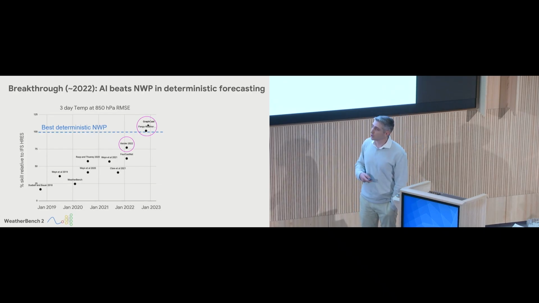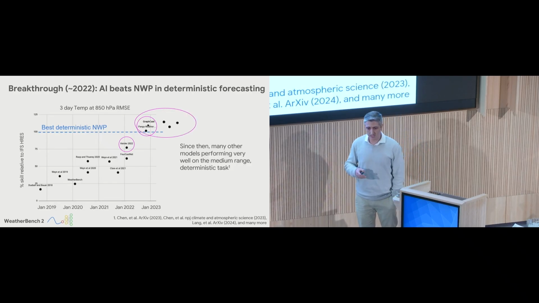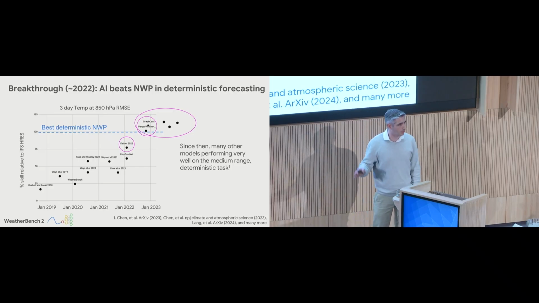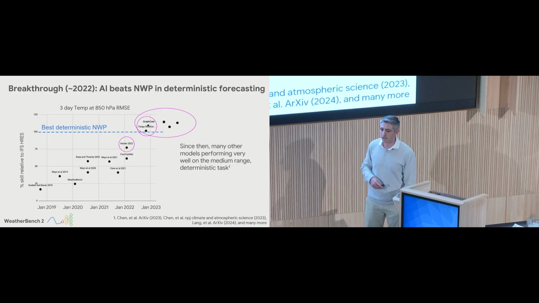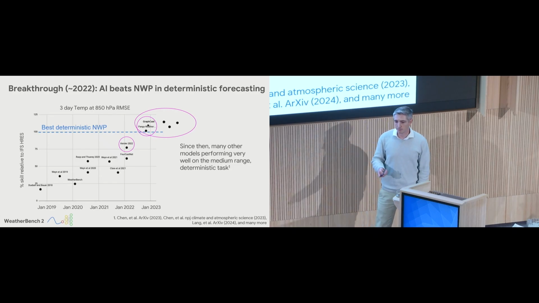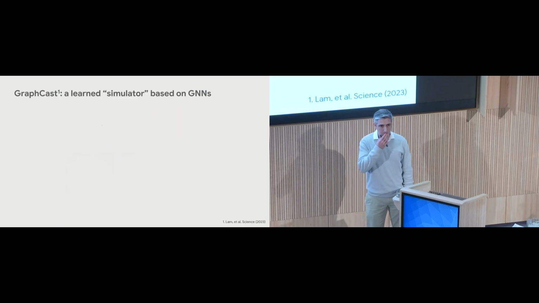Both of these models were matching or outperforming the state of the art in numerical weather prediction. Since then, many more models have been published and have similarly outperformed the state of the art and continued to push this advance. I'm going to talk very briefly about our GraphCast model and how it works.